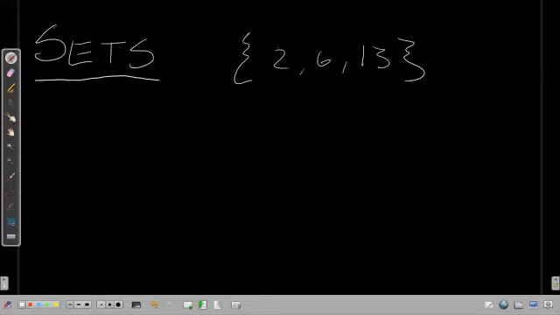It has 3 numbers in it. You can see all 3 of the numbers that I have included in this set. It only contains these numbers. It's a collection.